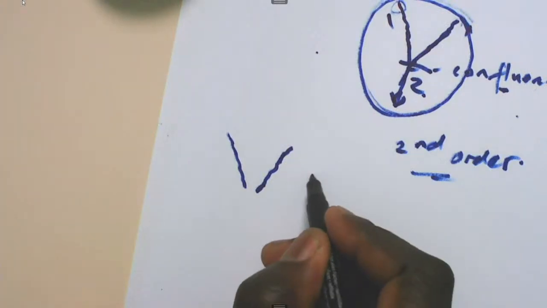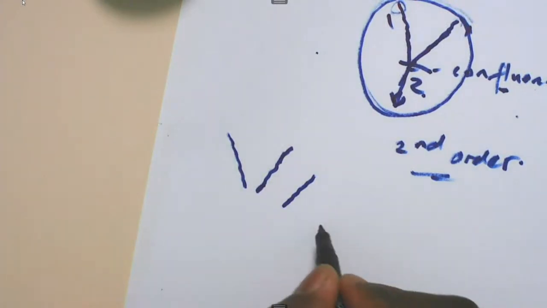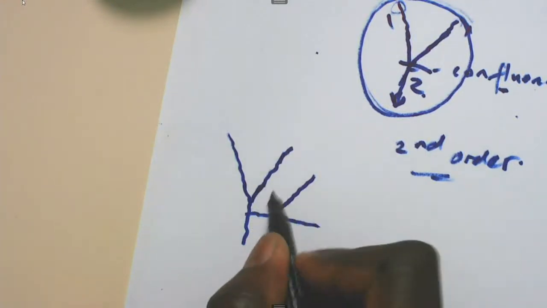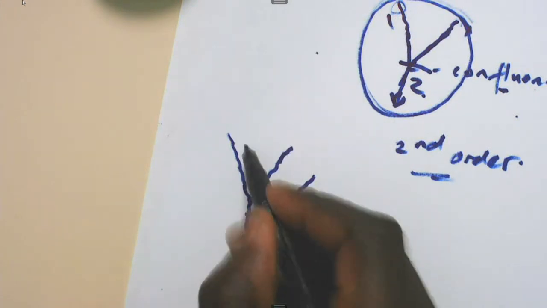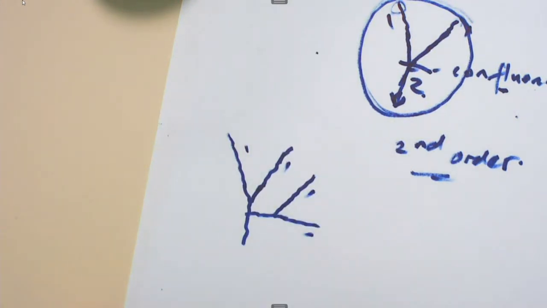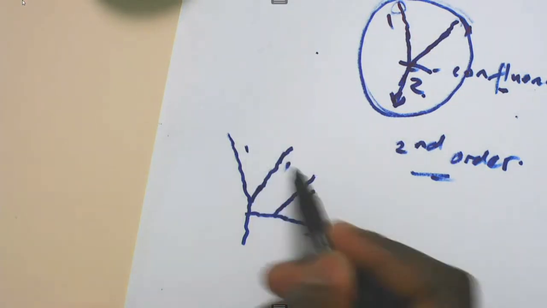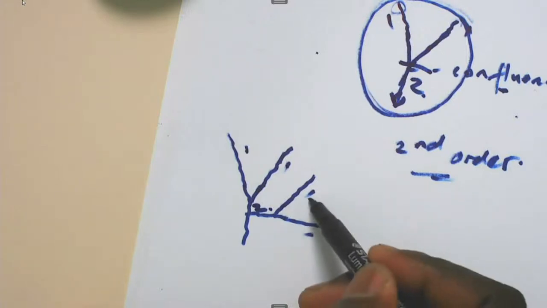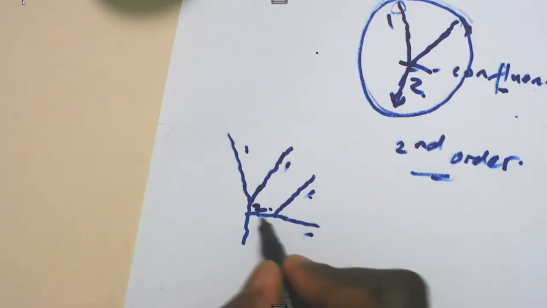Let's make another example. Let's say we have another stream over here, and the other one there, and another one over there, and another one over here. If you look at the two, they meet, and then they meet. This is the first order over here, and the first order over there. These two, 1 plus 1 will be 2, and then 1 plus 1 over here will also be 2.